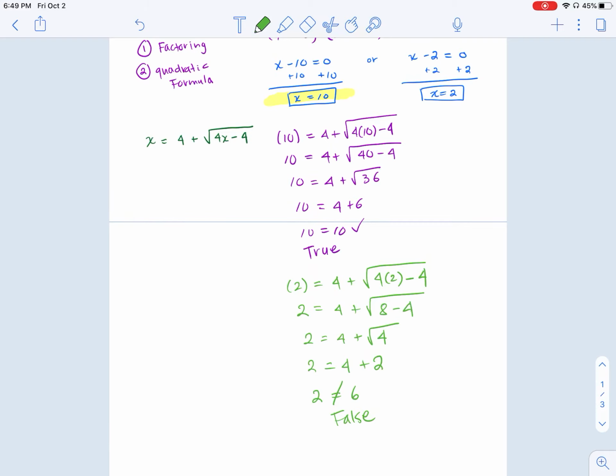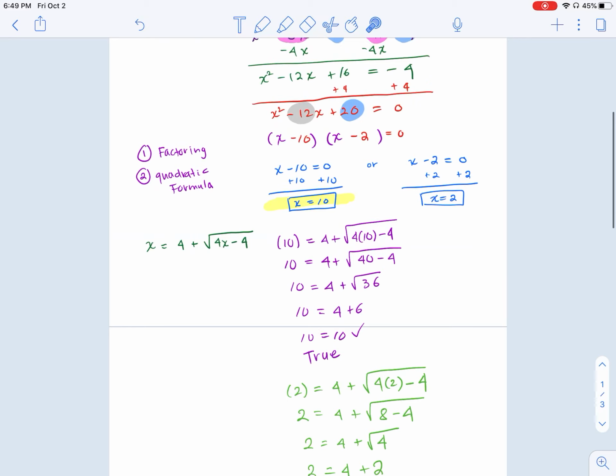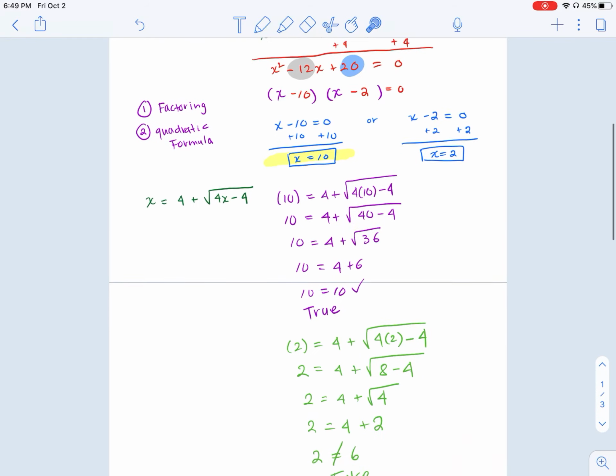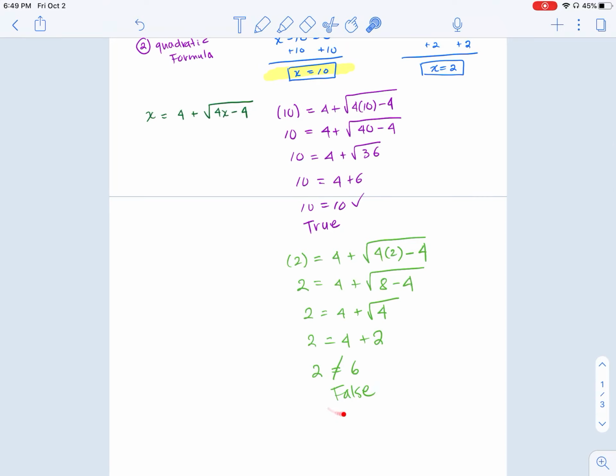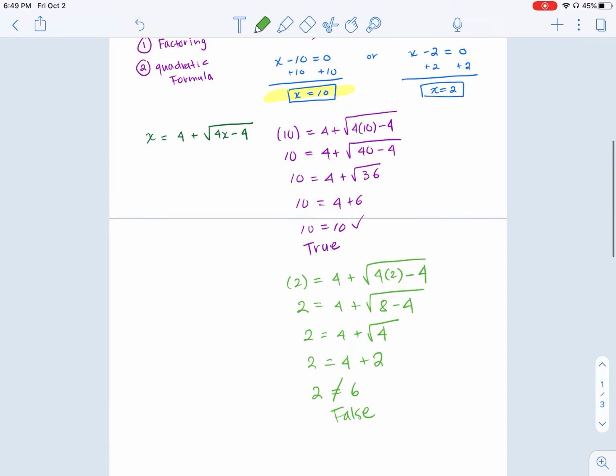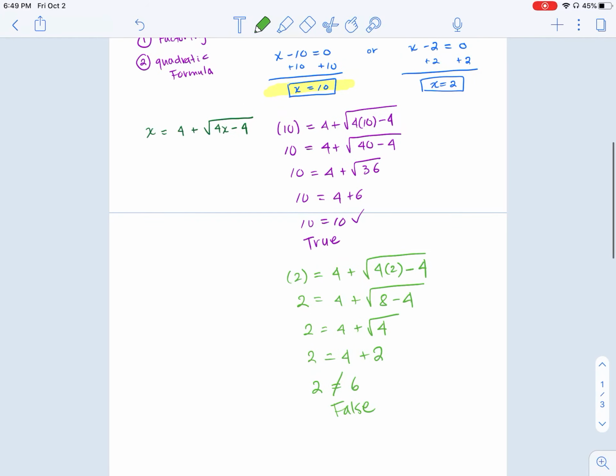So because when we check it, x equals 2, although we obtained it as a potential answer, once we go back and check it, you'll realize, oh, it doesn't make sense according to our original equation. Thus, x equals 2 here is an extraneous solution. It means a solution that doesn't work.